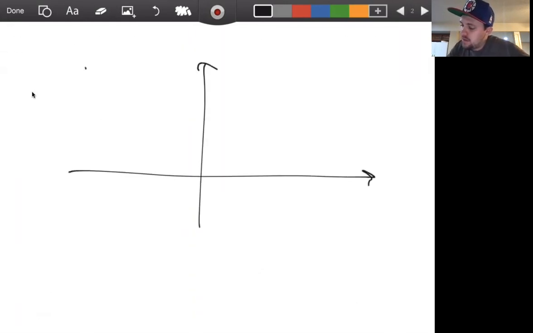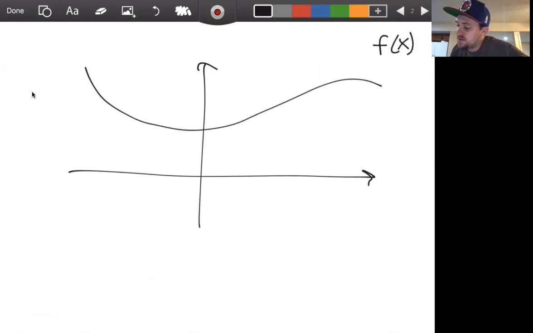Here's some curve, y equals f of x. We can parameterize this curve. We saw in one of the first lectures of the course that we can parameterize a curve, meaning we look at this in terms of a parameter t, say.